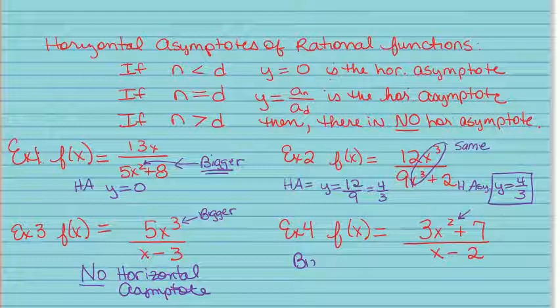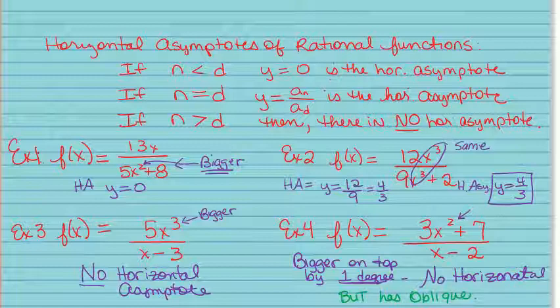The next slide we'll talk about this situation explicitly. It's bigger on top by 1 degree. So there is no horizontal, just like we decided, but because it's bigger by 1 degree, this one has a slant or an oblique. We're going to talk about obliques on the next video.